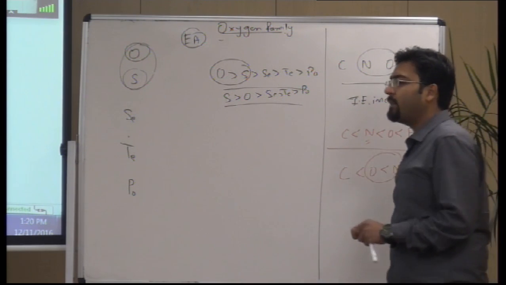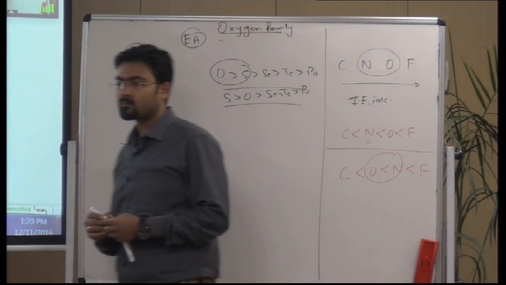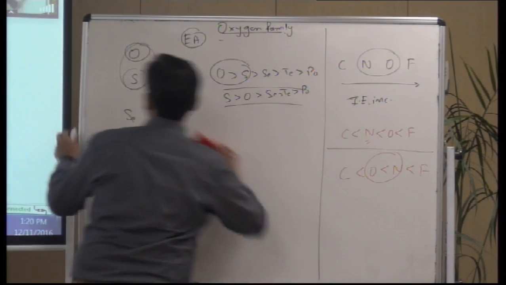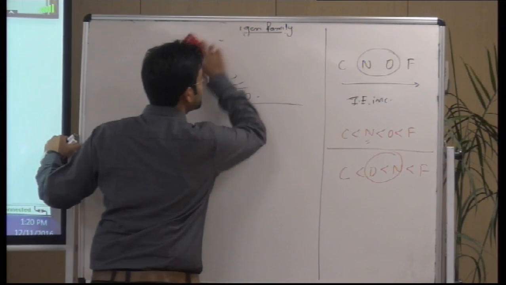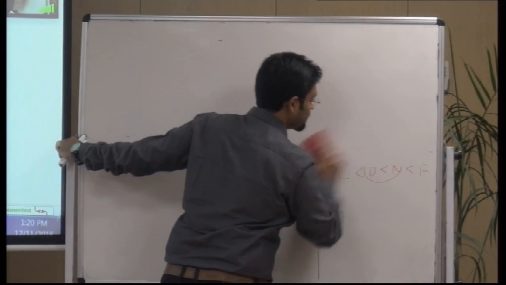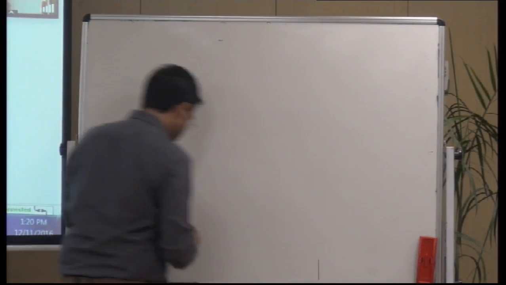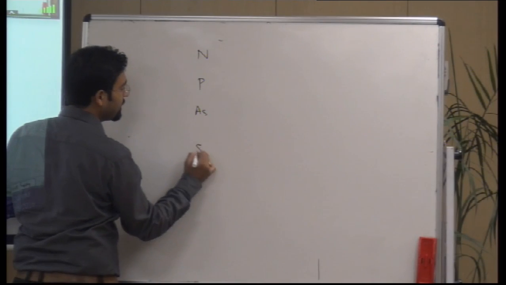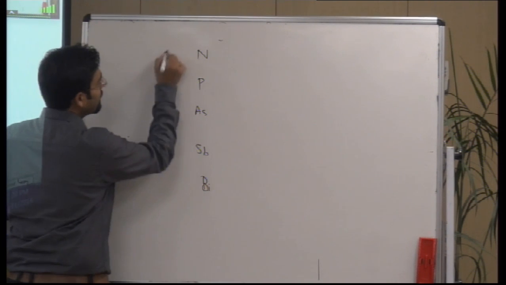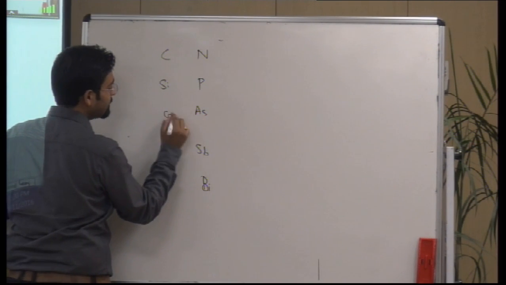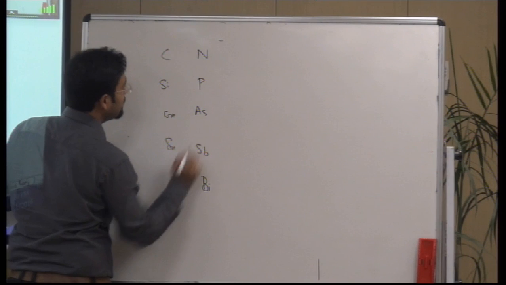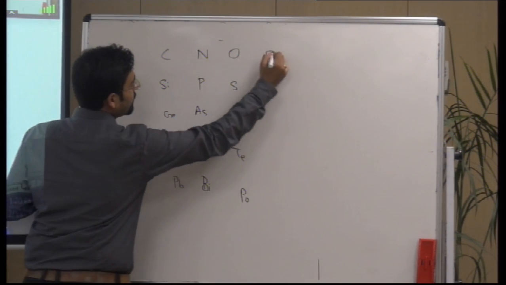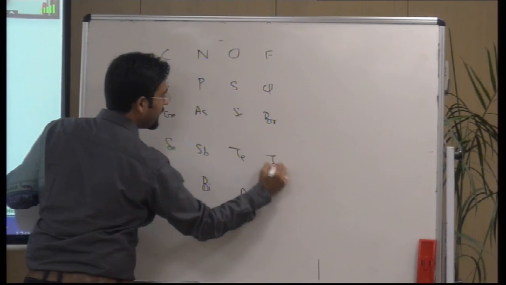And the same behavior happens in the case of other elements, if I just compare. So for example, I have group 15 elements: nitrogen, phosphorus, arsenic, antimony, bismuth; carbon, silicon, germanium, tin, lead; oxygen, sulfur, selenium, tellurium and polonium; fluorine, chlorine, bromine, iodine and astatine.